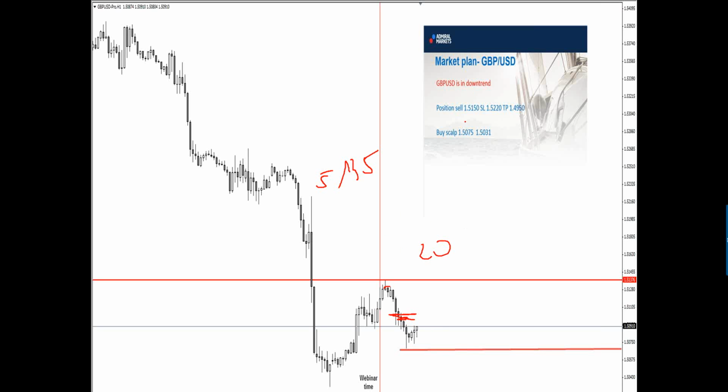But the thing is, you can see my position was 51.50, price came 12 pips from the entry. Okay, 12 pips from the entry, you have a little bit of spread, right? 1-2 pips of spread. So it's almost within the zone, 10 pip buffer.